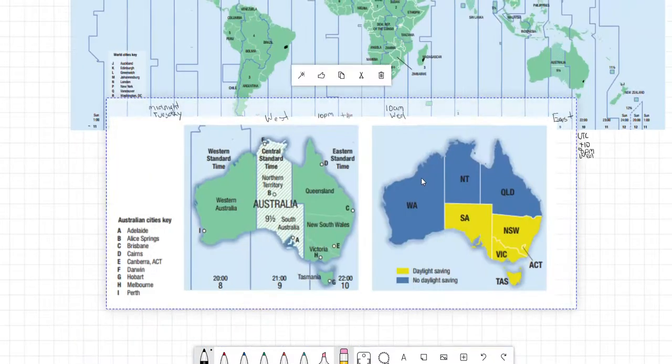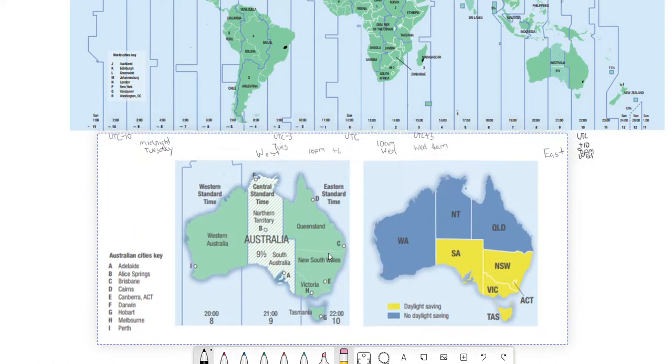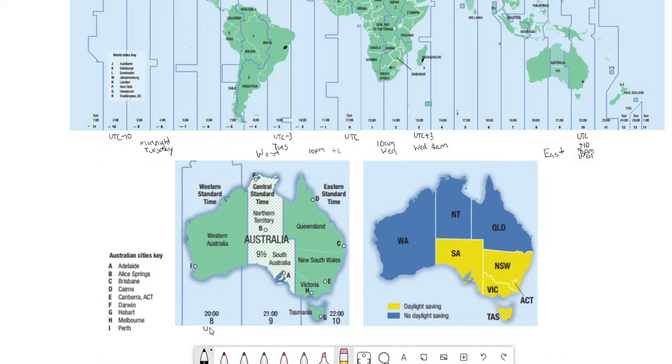Whoops, that did slip. I want to slide that back. There we go. We have our 3 time zones. There is UTC plus 8, okay, coordinated universal time plus 8, plus 9 UTC, plus 10. But we don't use those exactly, okay? Notice that this is a shaded different colour.